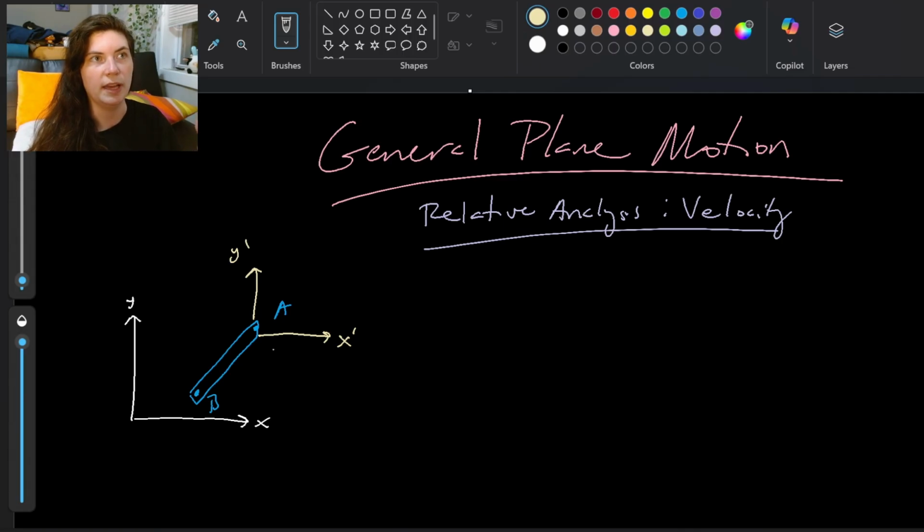So for example, we have AB that's just sitting there in space, and then maybe our AB translates and moves over to, let's say, here, right? It goes through this general plane motion where A has moved and B has moved, and not only have they translated, so that they've moved together in the XY plane, but they've also rotated.